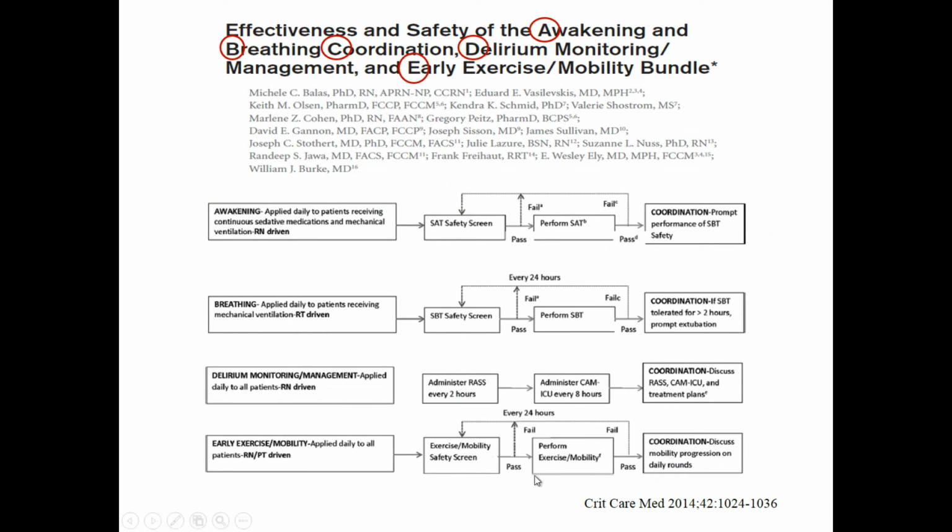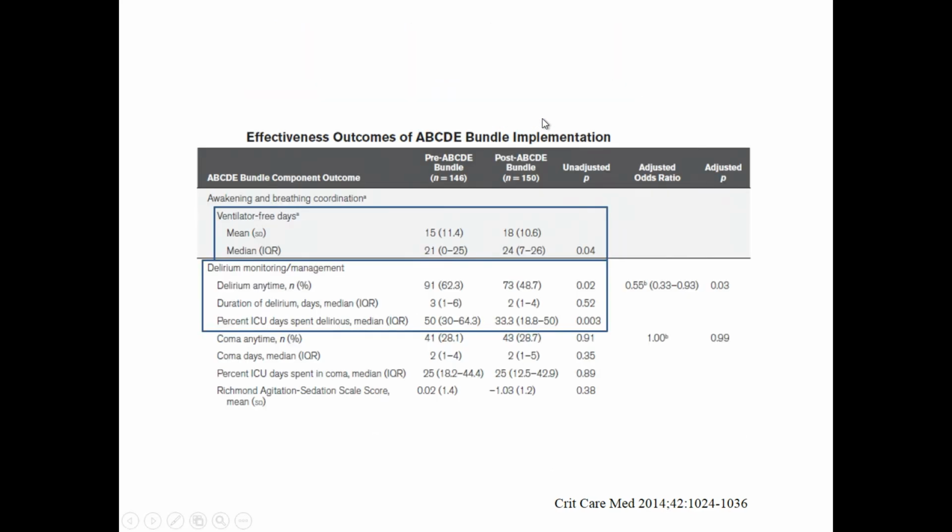and it really has informed what we now consider to be the standard of care and is referred to sometimes as the ABCDE approach to sedation and analgesia. And that's the awakening and breathing protocol that we know gets people off mechanical ventilation quickest. This C is sometimes considered to be choice of sedative and a more thoughtful approach to sedation or sedation reduction. And then there's the delirium monitoring and early mobilization.